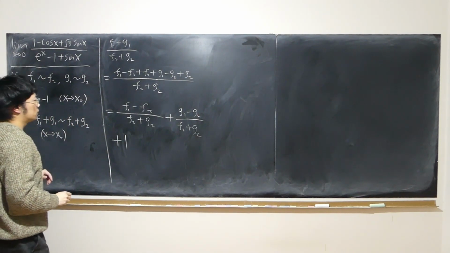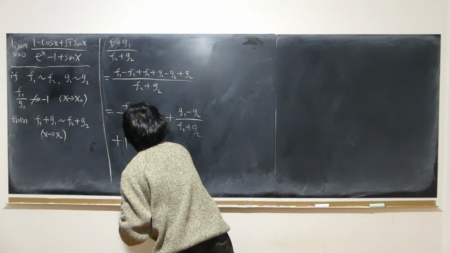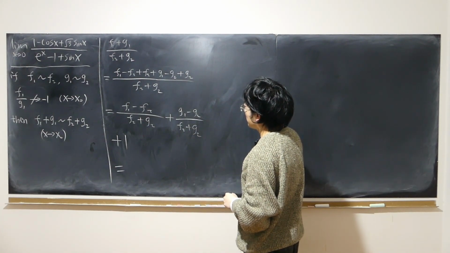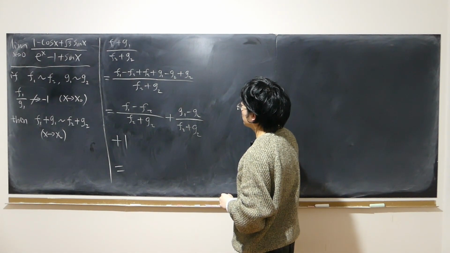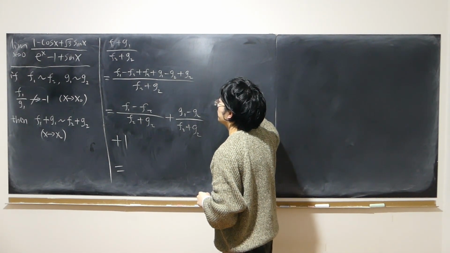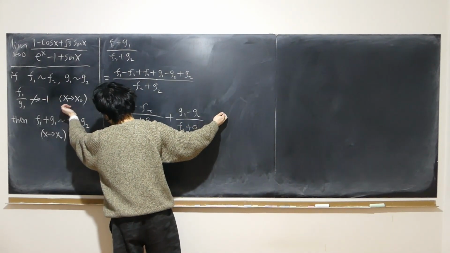Perhaps now I can, because the given condition says f1 and f2 are equivalent during the process of the limit.